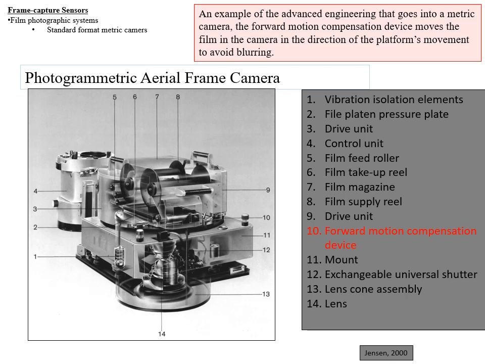That would give you a little bit of a blur to the photo, except that the forward motion compensation device actually moves the camera backwards as the photo is being exposed, so that the camera is actually staying over the same point as the photo is captured.